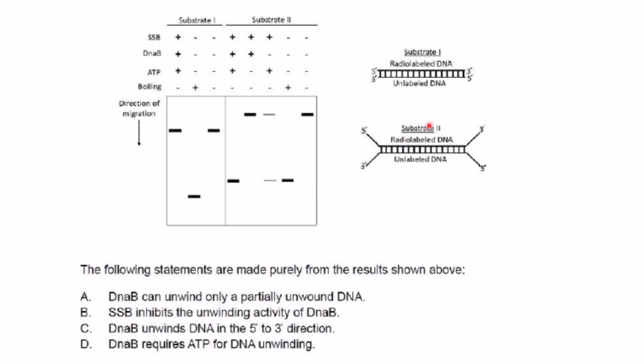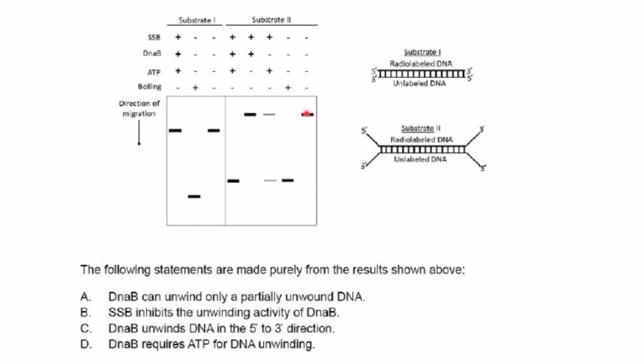Now take the case of substrate 2. As usual, these are the lanes for substrate 2, and this is the autoradiography result that they got. If you see the last lane, there are no components being added, no boiling. This is the size of the double stranded or partially unwound DNA.